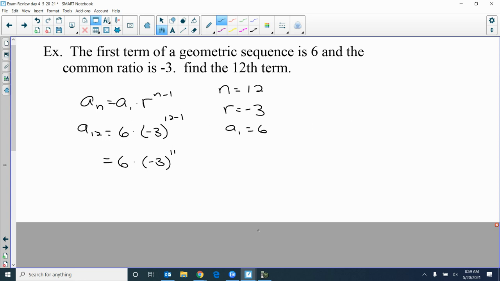So, Jay Lee, let me know what you get. A big number. Very small. Well, big negative number. What do you got? 1,062,882.